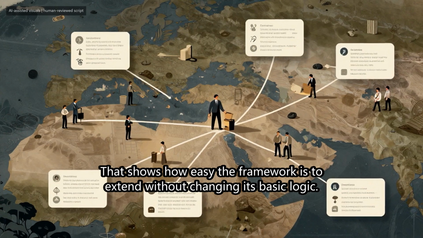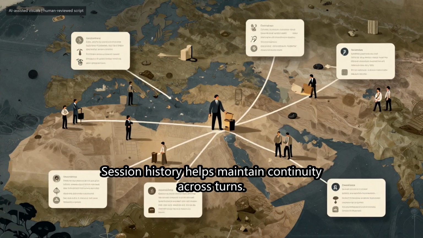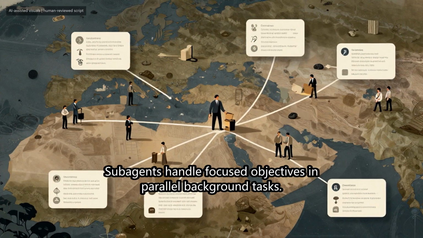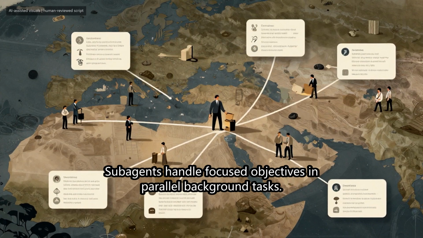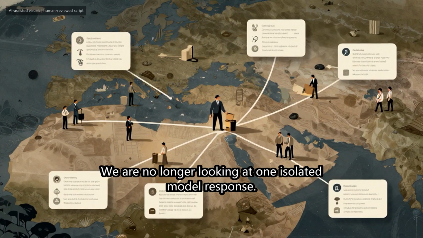Second, it models session management and subagent spawning. Session history helps maintain continuity across turns. Subagents handle focused objectives in parallel background tasks. This is where the phrase full agent pipeline starts to mean something more specific. We are no longer looking at one isolated model response.